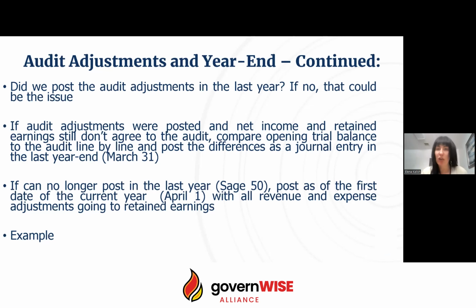So instead of posting to income statement accounts, revenue and expenses, all that would have to go to retained earnings. And if what I'm saying sounds very unfamiliar and technical, then this is the time, if your system is locked down and you can't post the adjustment anymore, when you do have to leave it for the auditors to post those adjustments.